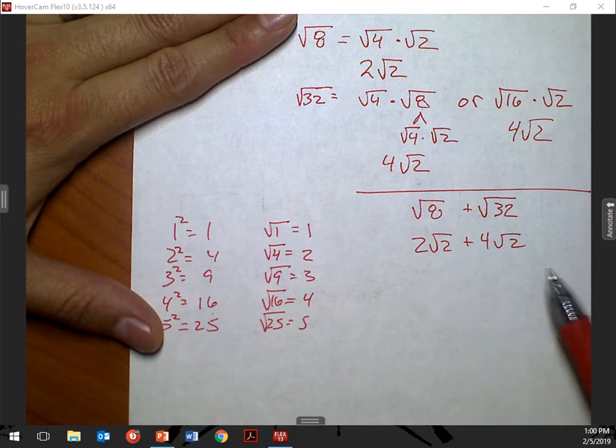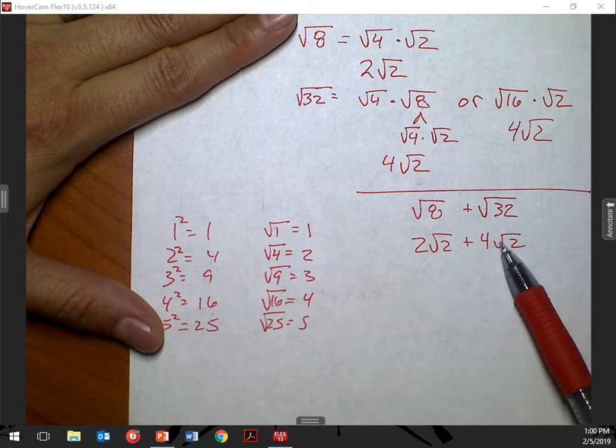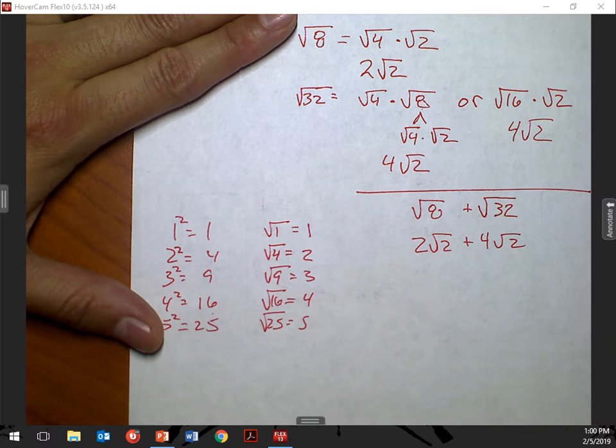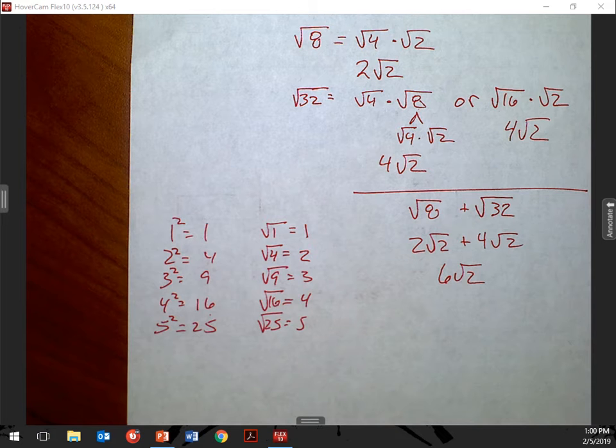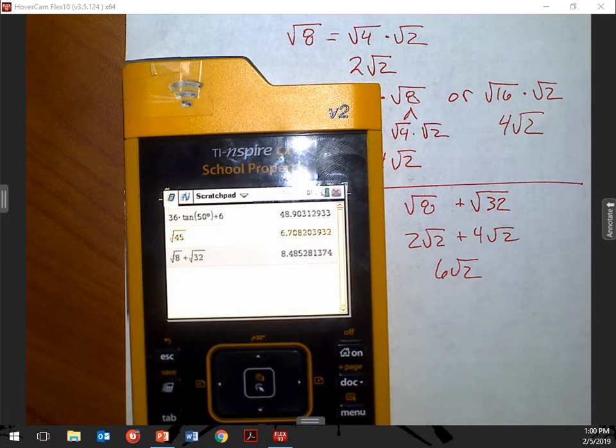How many rad 2's over here? 4. So together, how many rad 2's do I have? 6 rad 2. I can verify this with my handy dandy calculator. 6 radical 2, same thing. Make sense, or did I put everyone to sleep?